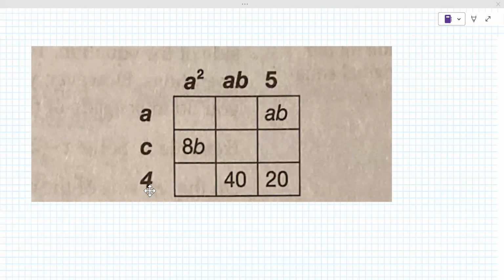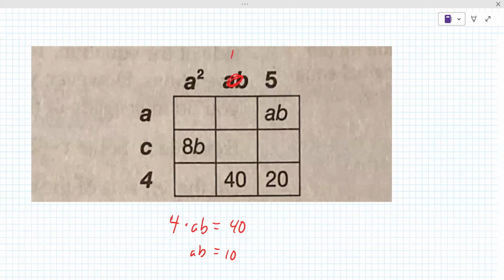So then the next number, and this is important, 4 times AB is going to equal this number here. So 4 times AB is equal to 40. So it's 10? Yes. That actually means that AB equals 10.